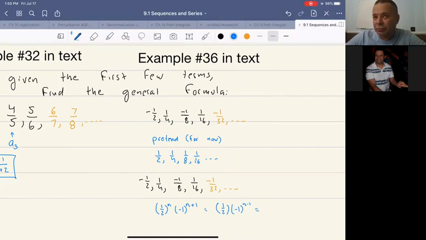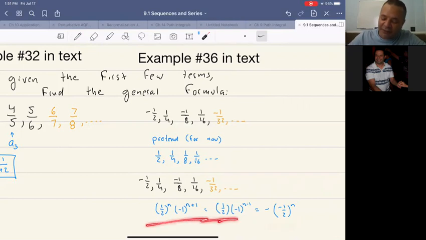Well, we could also put negative 1/2 to the n. But that's really crazy, right? But that'll work as well. You could think of that one as working, but that one I'm not really going to expect. I think these two are the kind of answers we're looking for.